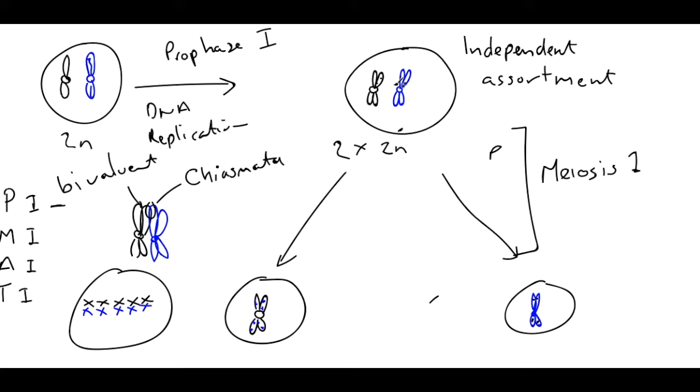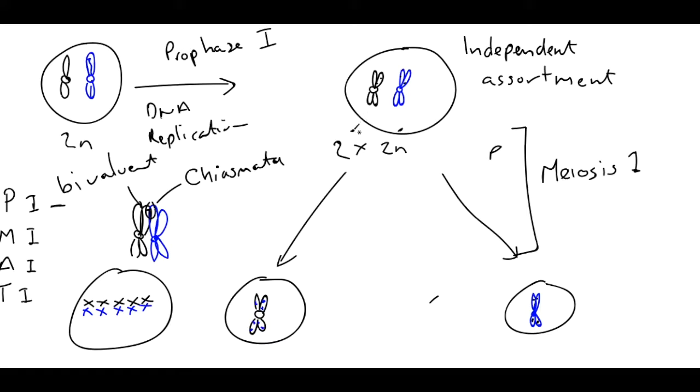However, these homologous pairs come together and they swap information, which means that all the chromosomes are different. Then in metaphase 1, they align in their homologous pairs on the equator, as opposed to in mitosis, where they line up all 46.